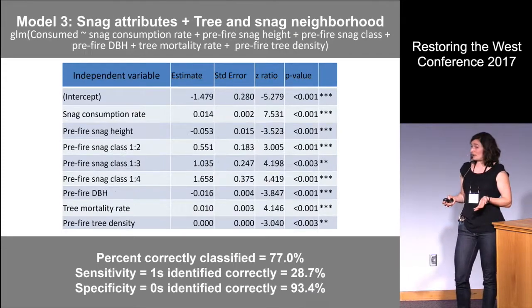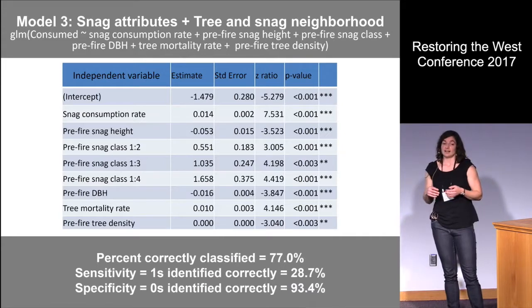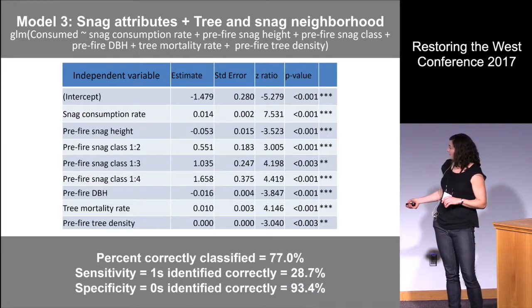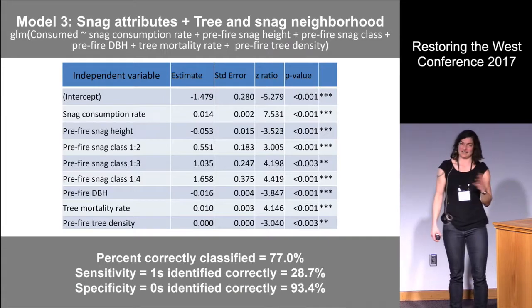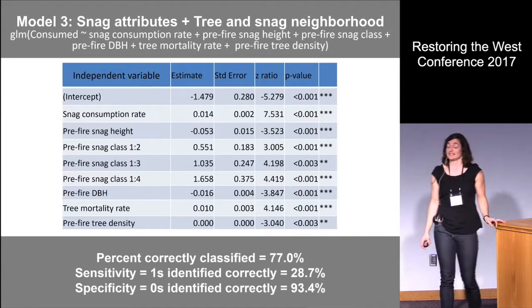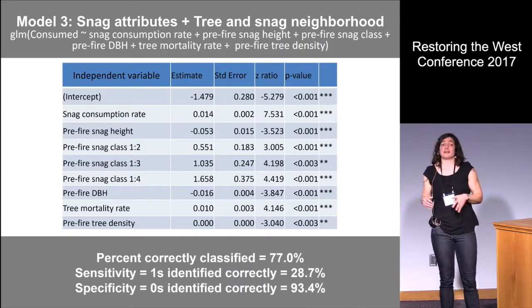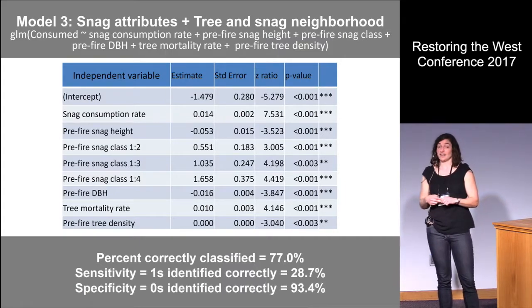And in this final model that also included snag consumption, we saw that there was a more than double increase in the percentage of consumed snags that were correctly identified, suggesting that including neighborhood metrics, particularly those related to severity in the immediate vicinity of the snags, could help us predict snag consumption.